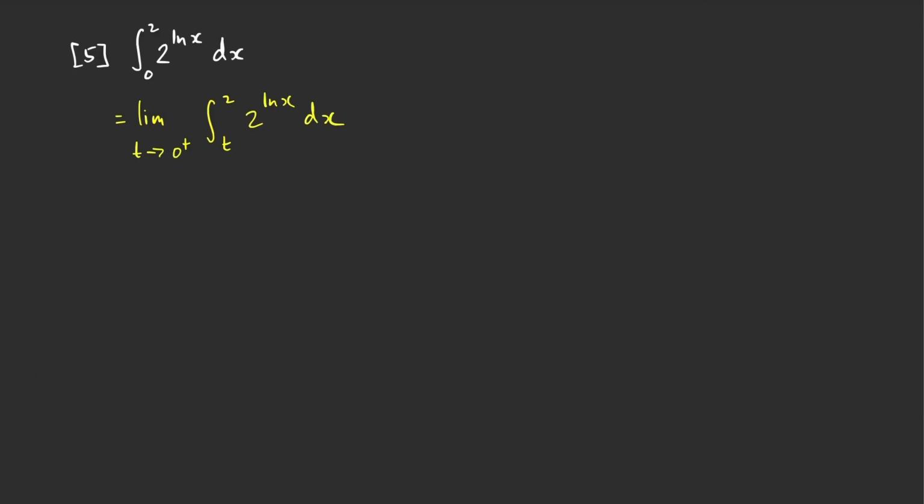Now, this function is already continuous on the closed interval from t to 2, so we may use the second fundamental theorem of calculus to evaluate this one. The trick to easily evaluate this is the fact that a raised to ln b is just equal to b raised to ln a.